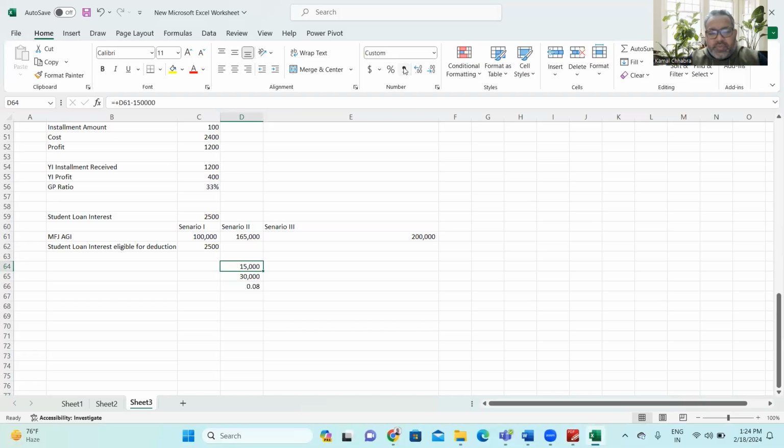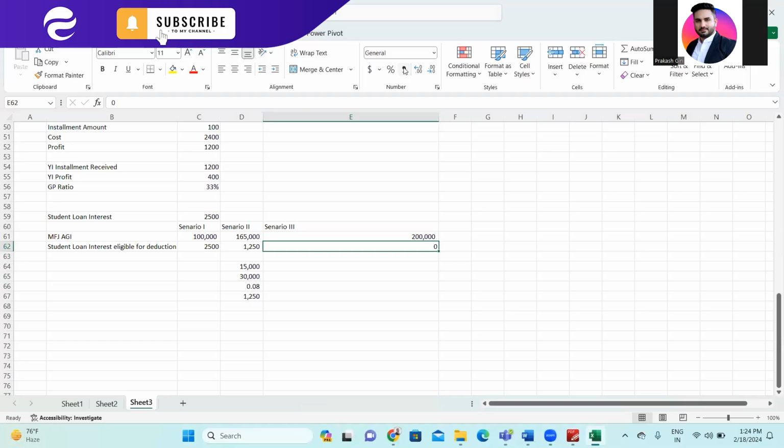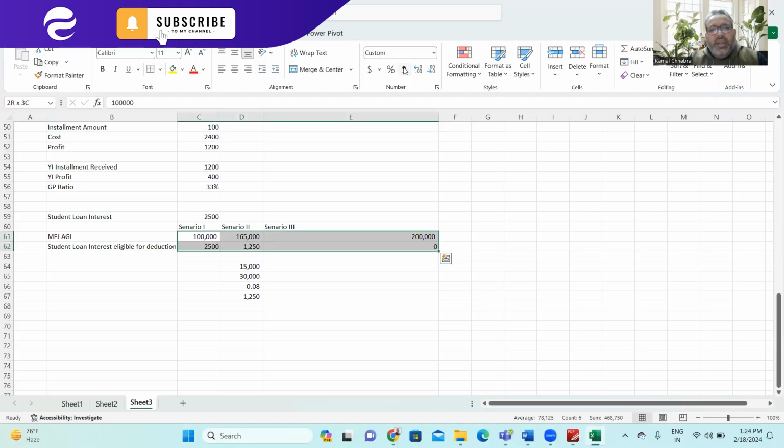The total increase was $15,000, so how much will we be reducing? $15,000 multiplied by 8 cents, that means $1,250 will be reduced. So the total benefit will be $2,500 minus $1,250. In scenario 2, the student loan interest eligible for deduction will be $1,250. Make sense? And the third one is more than $180,000, so here it is 0. This is how the phase out limit calculation will actually work.